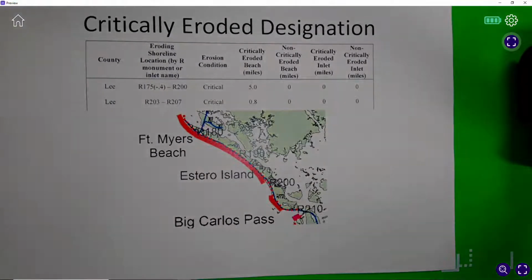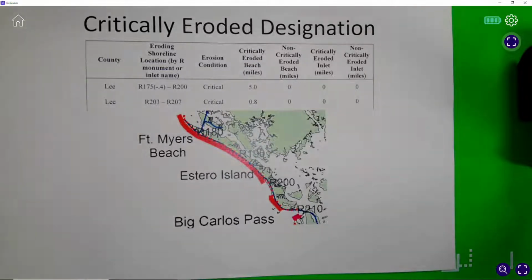So for Fort Myers Beach, Estero Island, we have R175. That negative just means it goes out a little bit further north, to R200. Then you can see there's a gap, and then we have R203 to R207.